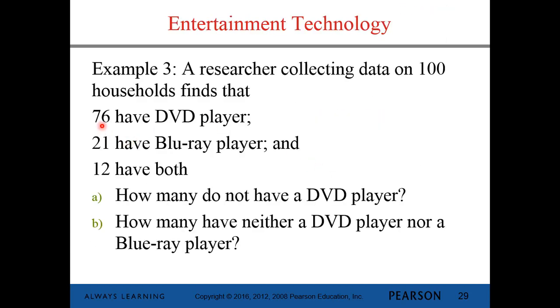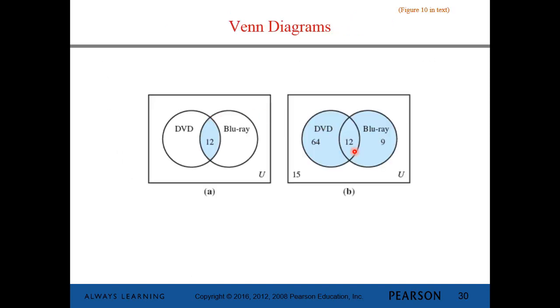So we know 76 have a DVD player. Well, if 76 have a DVD player, that means 76 has to be this total circle. Now we know 12 is here, which means how many is left over for outside? Well, it's going to be 76 minus the 12, which gives us 64.